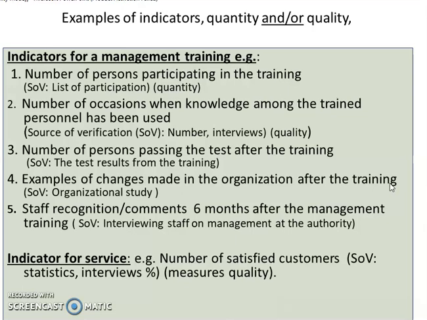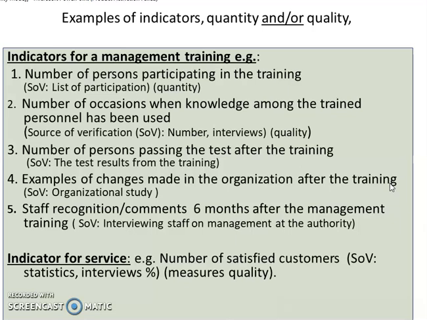So examples of indicators, quality and or quantity, could be there. Indicators for management training could be, for example, the number of persons who participated in training. What are the sources of verification? The list of participants, in terms of quantity.